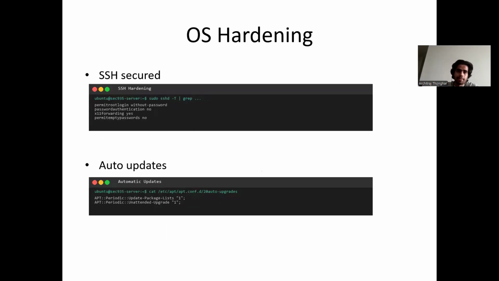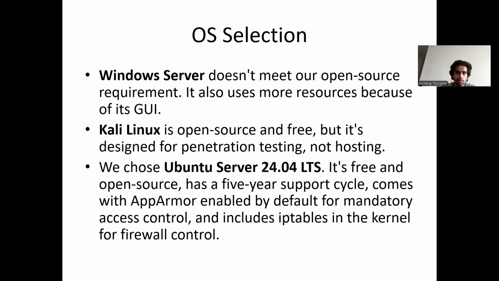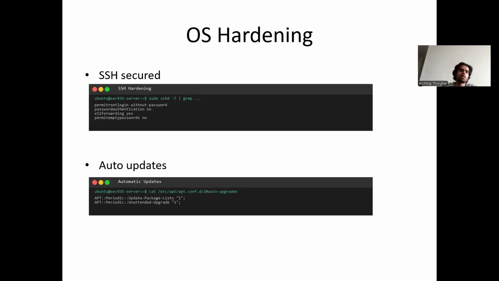So this makes it ideal for both the performance and the security, which are our goal. After we install the Linux OS in our system, first we harden our system through SSH, which will disable the root logins and enable key-based authentication instead of passwords. Second, we enable the automatic updates, ensuring that the security patches are applied regularly.